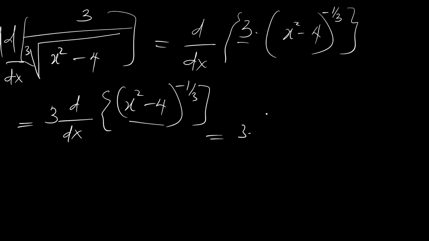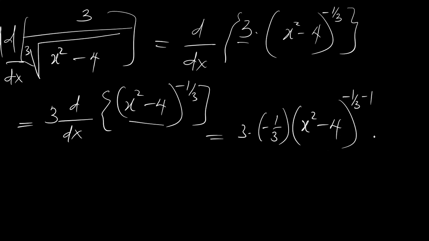You have minus 1 over 3 times x squared minus 4 raised to the power minus 1 over 3 minus 1. Now this will remain the same, then times the derivative of the function inside with respect to x, which is 2x. Now this will cancel out, we have minus left.